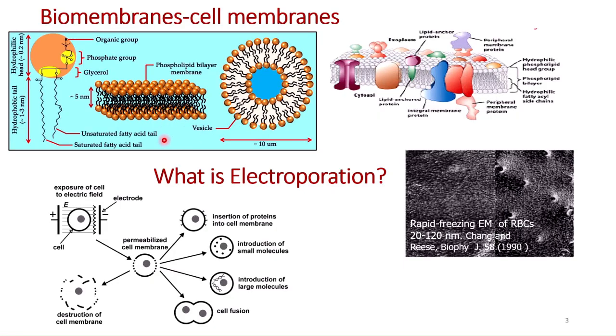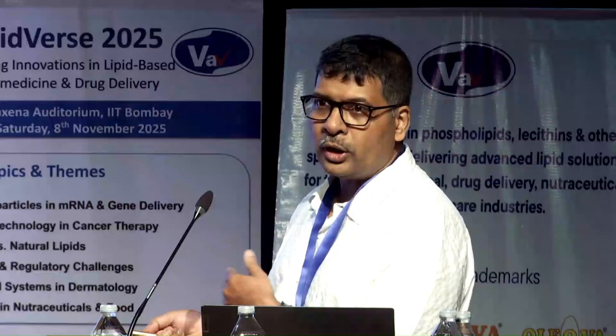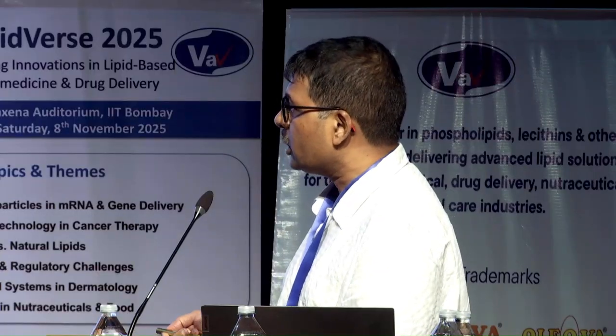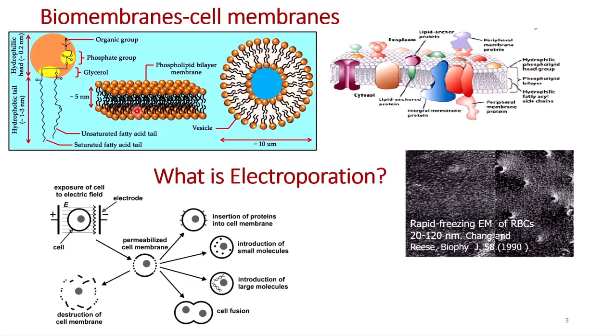So what essentially happens is, if you have a cell and you want to put hydrophilic drugs inside, or any polar molecule inside the cell, it's difficult because of this barrier. Okay, and so there was this nice technique that came up called electroporation, in which you punch micropores, nanopores in the cell membrane by applying very strong DC pulses.